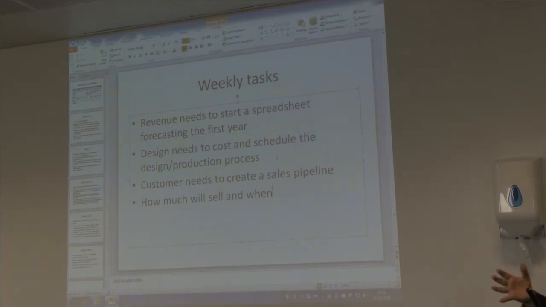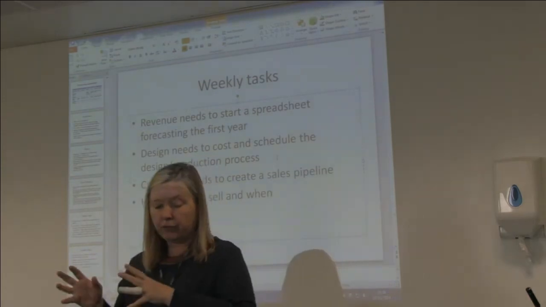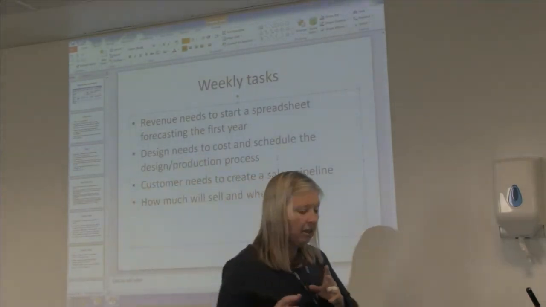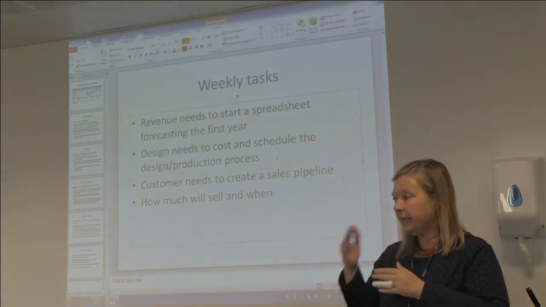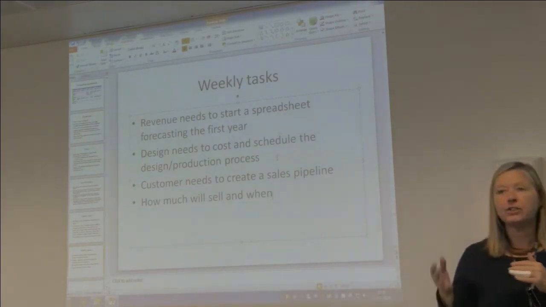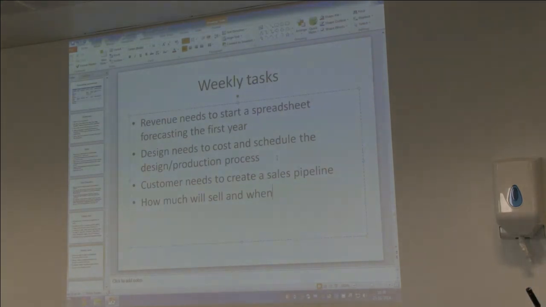So if you think, like this tablet thing, you've got an eye on who your first customer is going to be, this hospital. How many beds have they got, how many are they likely to buy? This is the level we're needing to get into now. How much are you going to sell? Just who's your customer and how much are they going to buy?